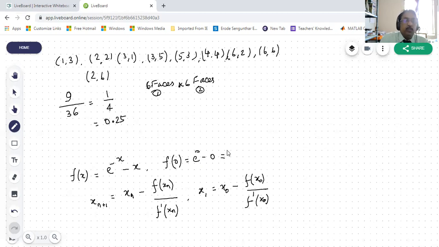What is e power 0? e power 0 is 1. The initial guess for the root is 0. Okay.